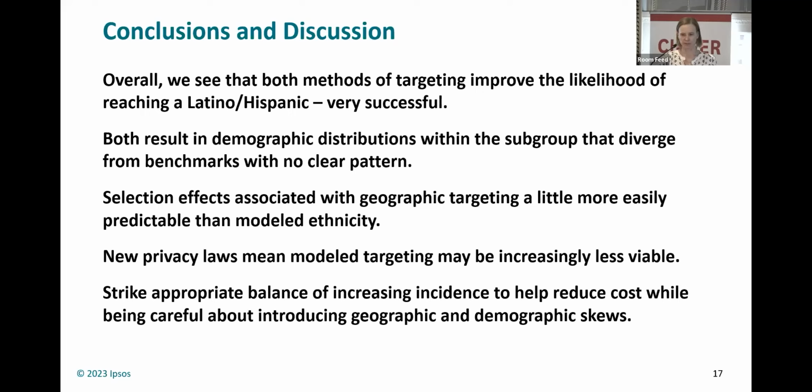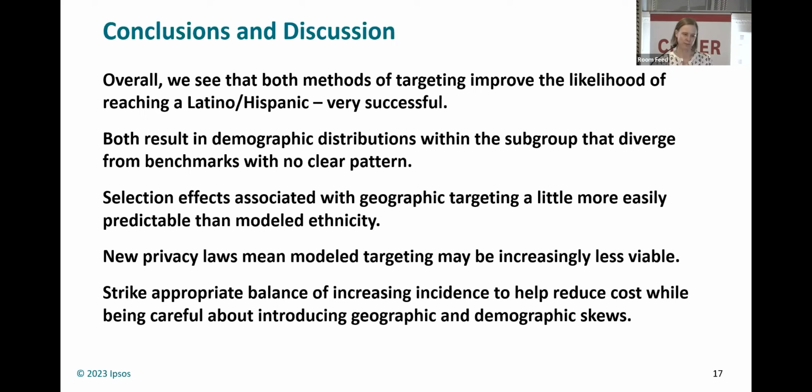It's again the difficulty of teasing apart the differential non-response that we all see all the time versus what might be coming from the leveraging of the modeling. All things being equal, it's probably easier to weight away the bias that might come from using the CBG targeting rather than the auxiliary data, because we don't fully know what the relationship is with the modeled targeting that we're leveraging there.